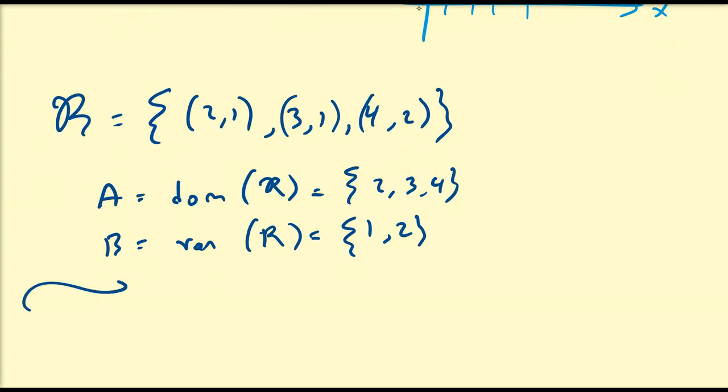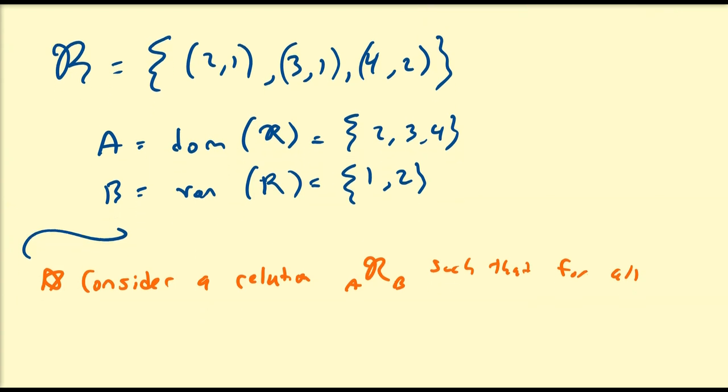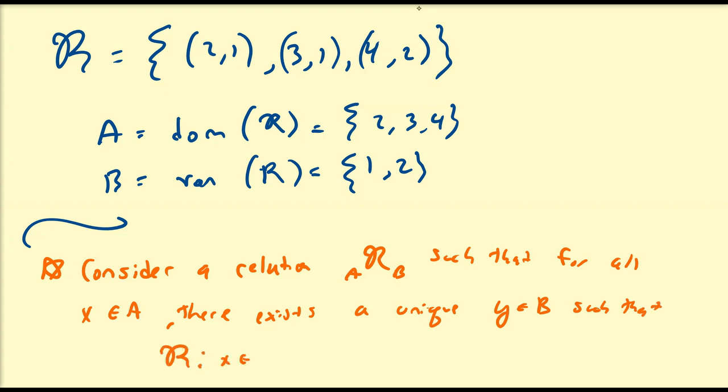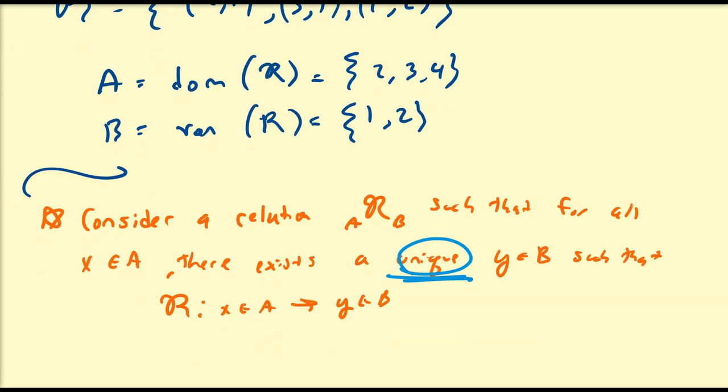So in this video we're going to extend upon this idea. So first, consider a relation R between two sets A and B such that for all x inside of A there exists a unique y in B such that R takes that value in A and maps it to that value in B. But the key word here is unique, and I'm going to illustrate this with a couple examples.